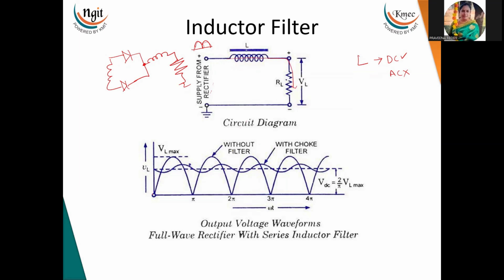Here you can see the input at the filter and the output after the inductor. It looks like DC, but still it is not pure DC. To get pure DC, the higher the inductor value we take, the straighter the line we get. So this is about the inductor filter.